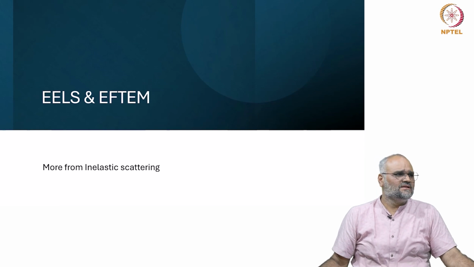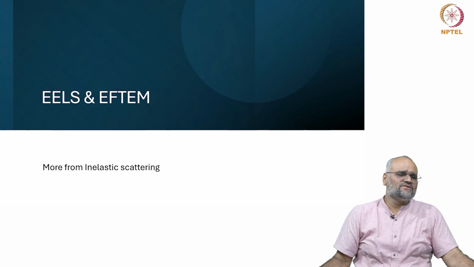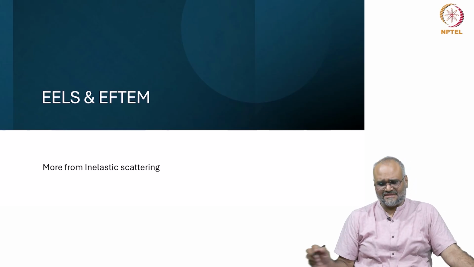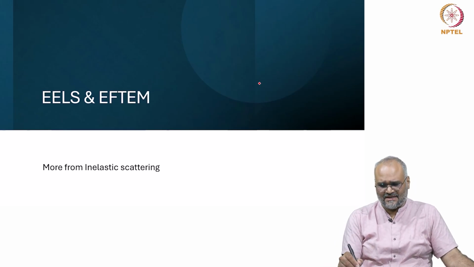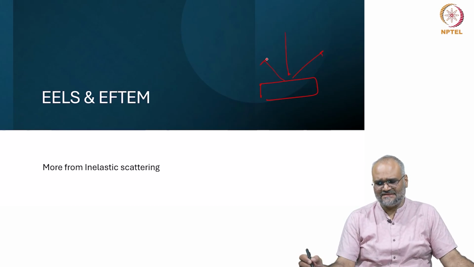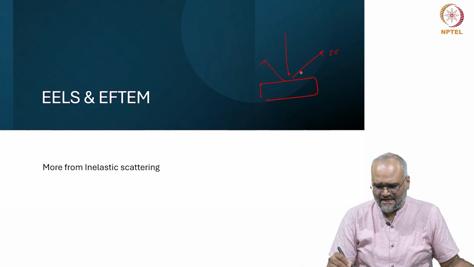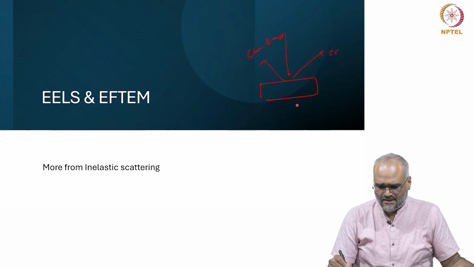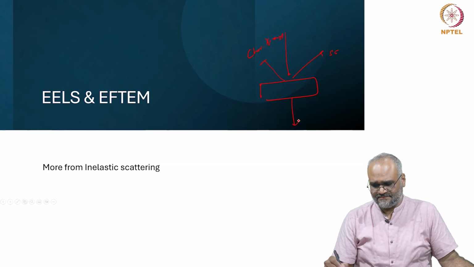What you should recollect is, when the electron beam is striking a specimen, we saw a diagram like this. I have the incident electron beam and a host of signals are generated, primarily the secondary electrons, the characteristic X-rays, the forward scattered electrons.